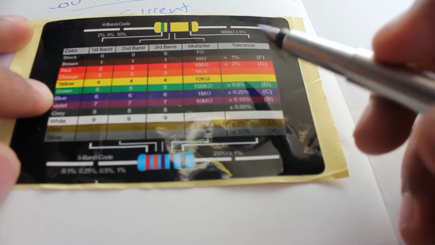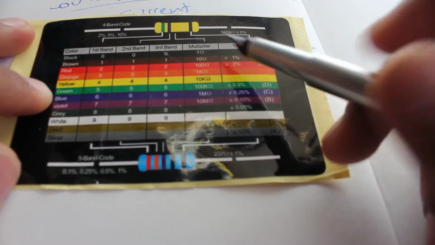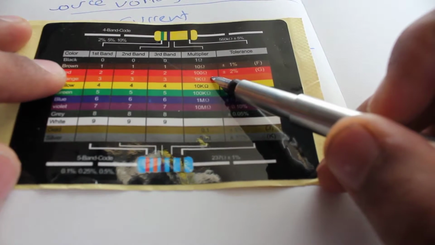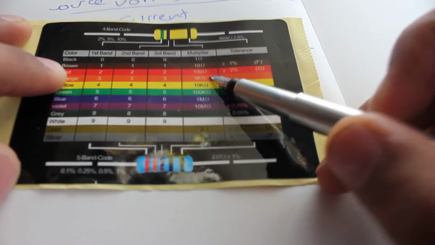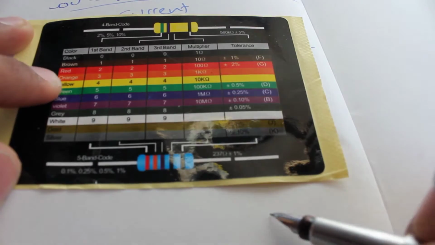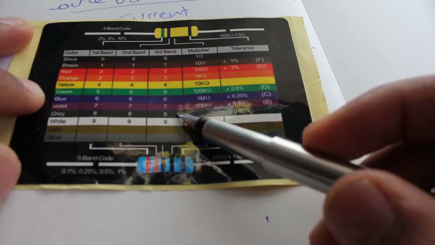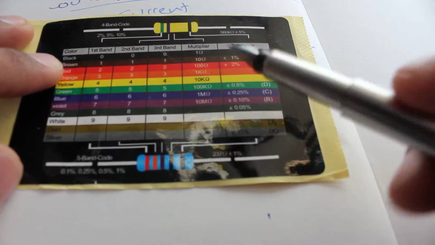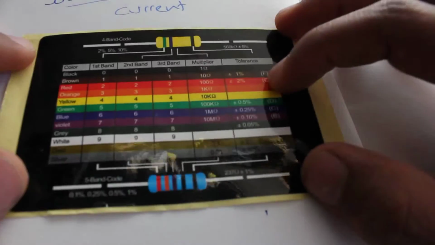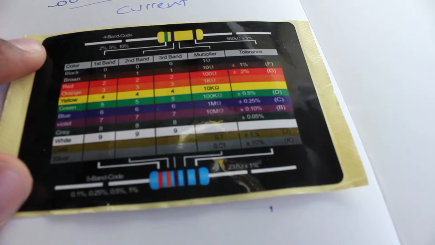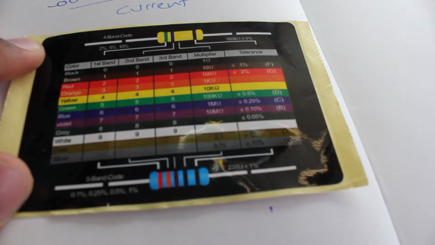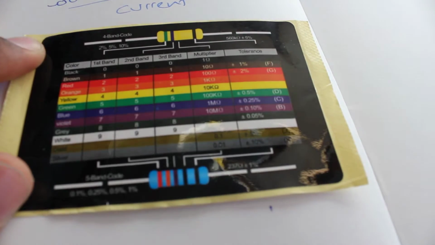So I want yellow, violet, and then kilo ohms. The 1 kilo ohm multiplier is orange, so I want yellow, violet, orange. I go and search my box of resistors to find a resistor with yellow, violet, and orange colors.